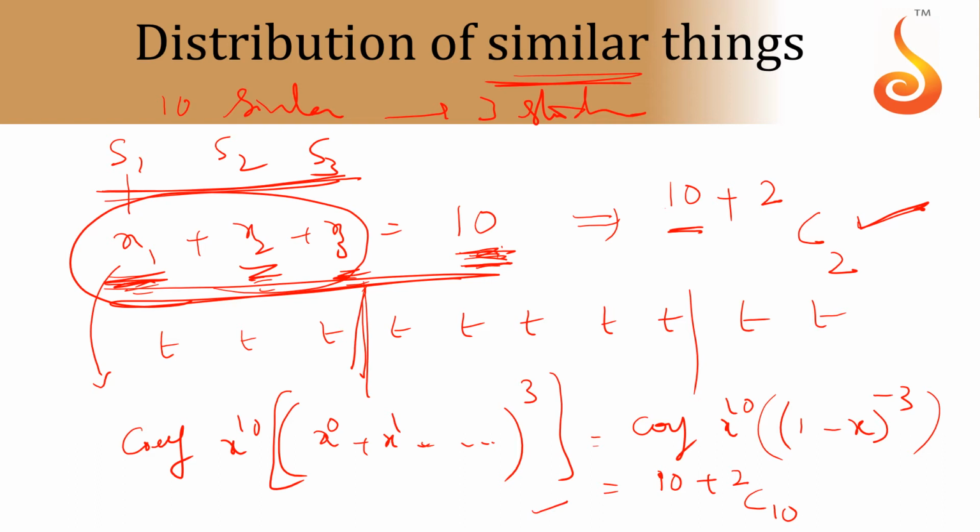You can see in the binomial theorem, infinite expansions: 1 minus x whole to the power of minus n, the coefficient of x power r will be, first you write C r, then r plus n minus 1. That is 2 plus 10 plus 3 minus 1, here n is 3, so 12C10, which is nothing but 12C2. You can use multinomial or this concept.